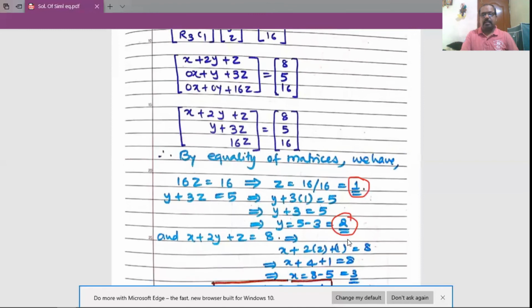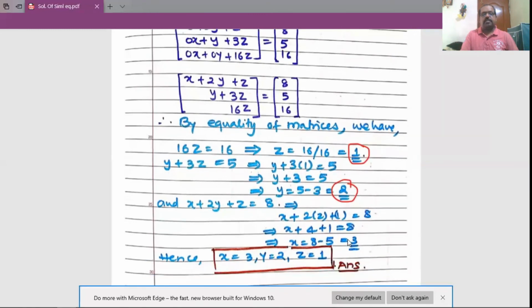Now from the third equation, that is from the first element of these two matrices, we have x plus 2y plus z equal to 8. This equation has three variables x, y and z, and we already found the values of two variables, y and z. So we just need to substitute these values of y and z in this equation and get the value of x.